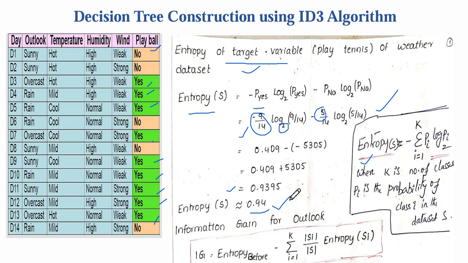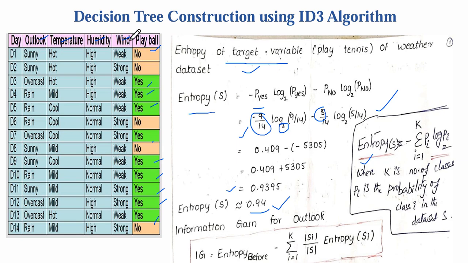That's the first point: first we have to calculate the entropy for the target variable. Now we have to calculate the gain for the remaining features: outlook, temperature, humidity, and wind.